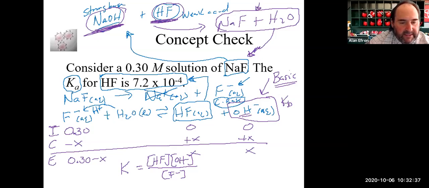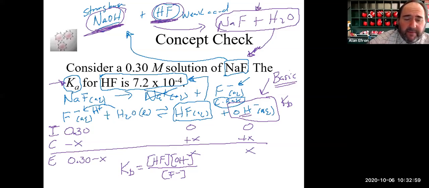As I talked about before, these problems historically give you the wrong K value. So you definitely should be using a KB value in this case, not a Ka value like they gave us.